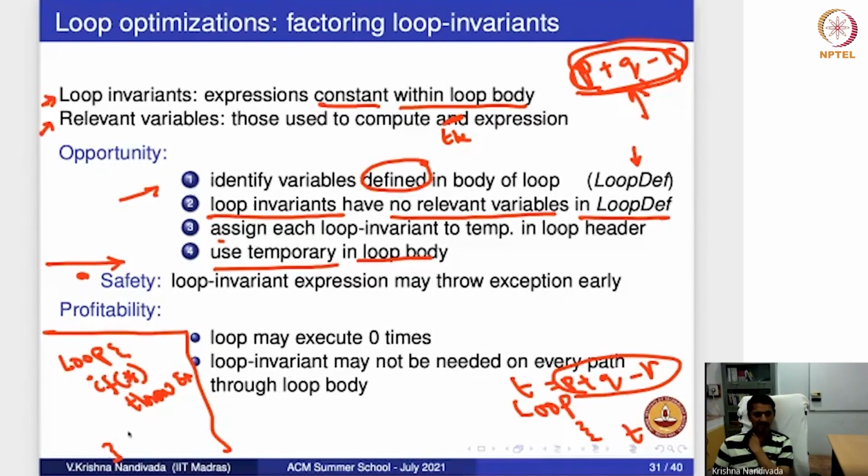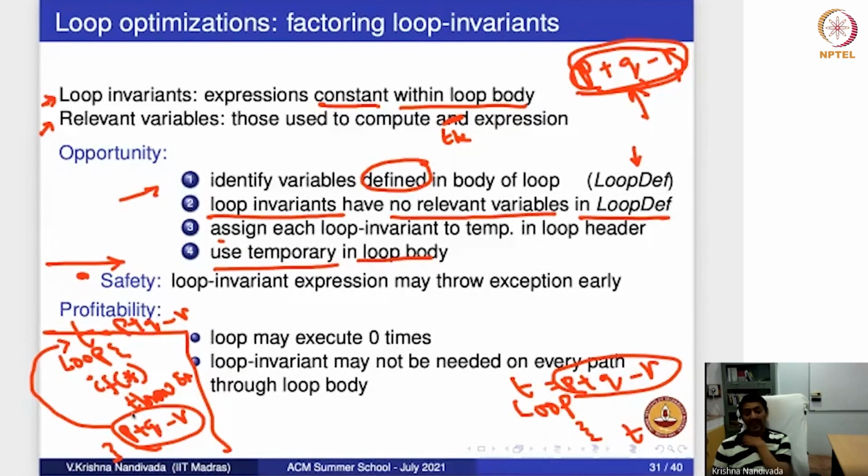And here I have the same loop invariant that I was talking about, P plus Q minus R. If I move this code here, and I write T equal to P plus Q minus R, in the actual loop, this should have executed only if the exception is not thrown.